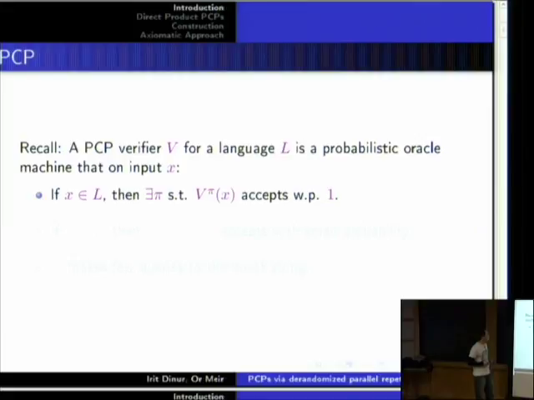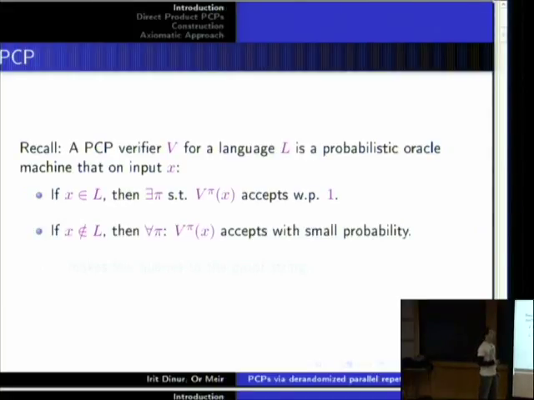It is required that if the claim holds, if the string X does belong to the language L, then some proof convinces the verifier that the claim holds. On the other hand, if the claim is false, that is, if the input is not in the language, then no matter what proof is given to the verifier, it rejects with high probability, or in our definition, it accepts with small probability.